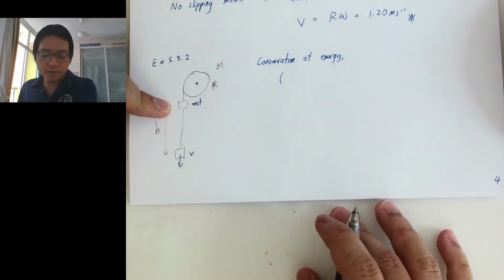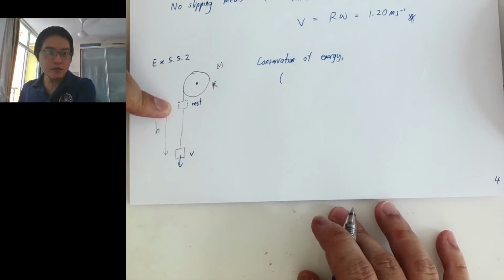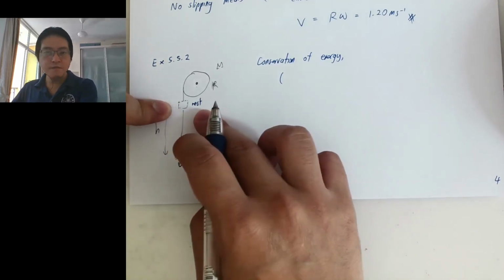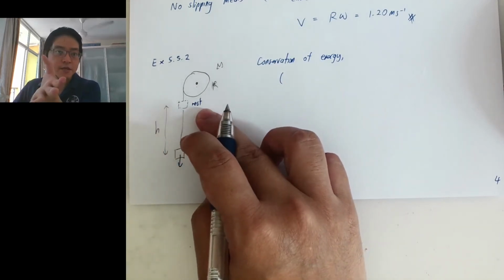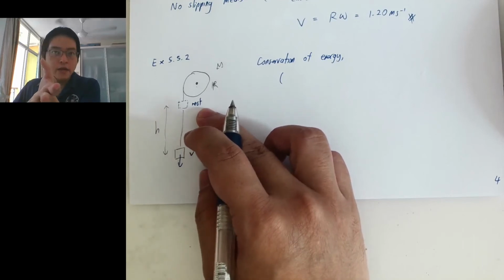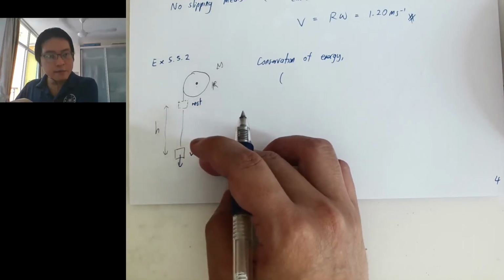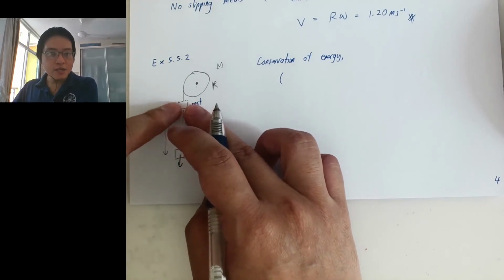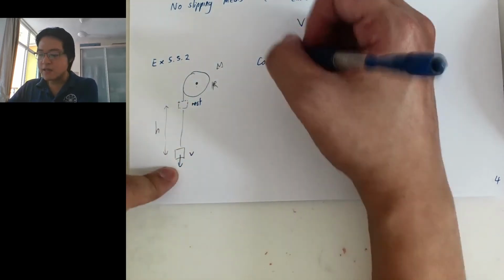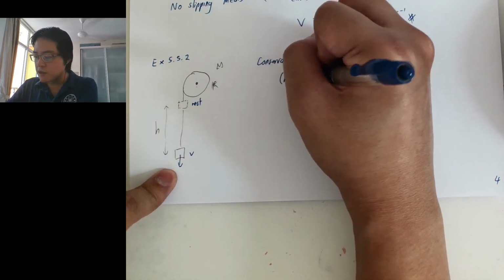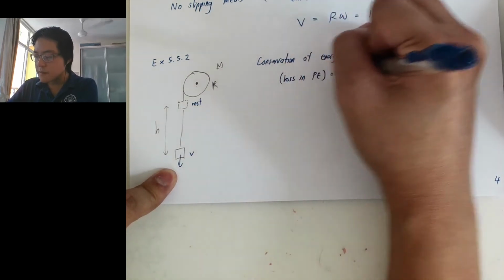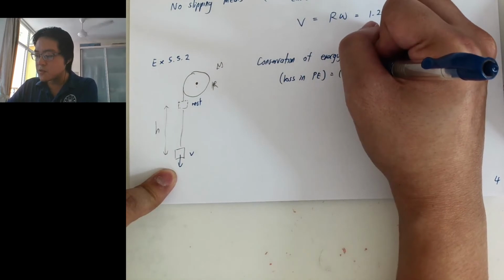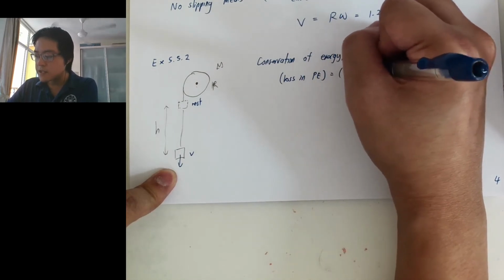Initially the system has zero kinetic energy. Initially I have potential energy, and this potential energy gets converted into kinetic energy. So the loss in potential energy is changed into kinetic energy.